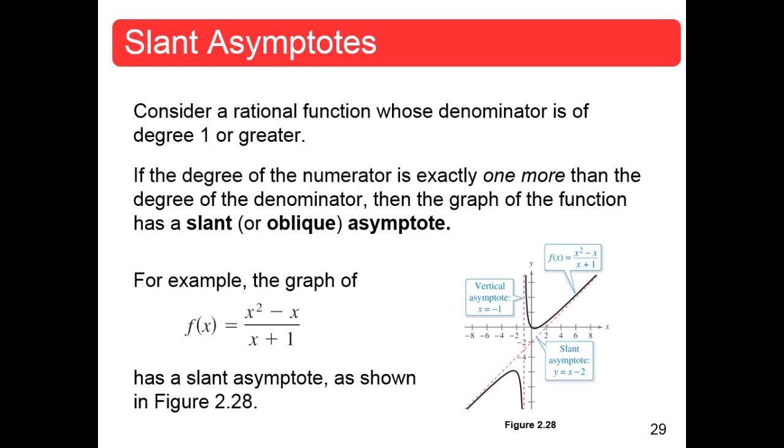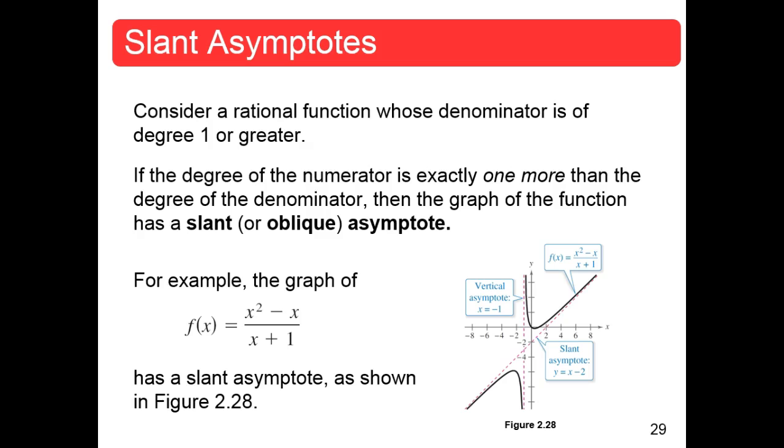Consider a rational function whose denominator is of degree 1 or greater. So you have to have something in the denominator with a variable in it, not just a number. If the degree of the numerator is exactly one more, and only one more, than the degree of the denominator, then the function has a slant or oblique asymptote.